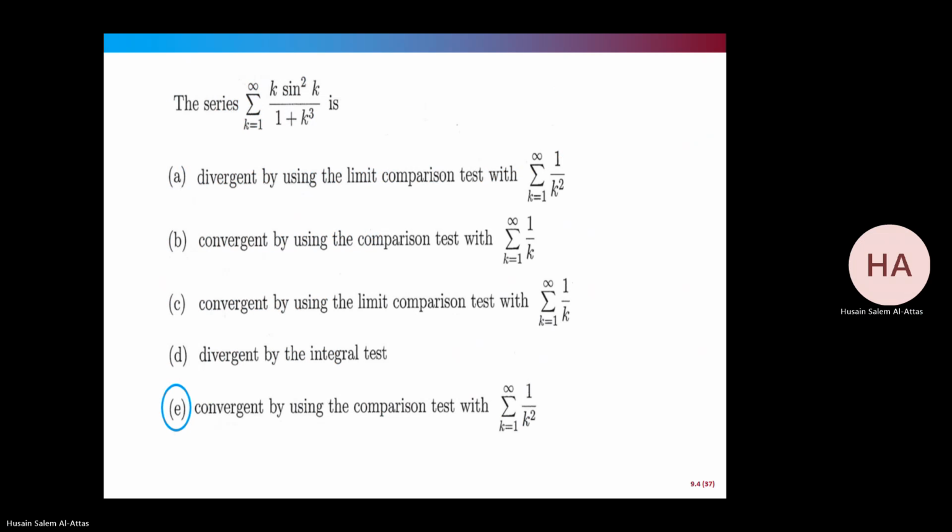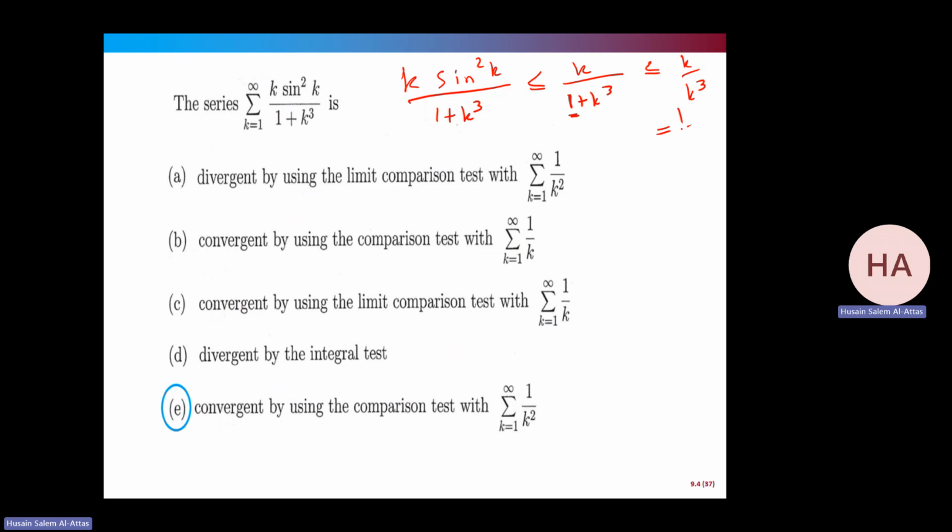This one, k sine squared. Okay, yeah, if you look at this, that will be k sine squared k over 1 plus k cubed. This will be less than k over 1 plus k cubed, since sine cannot exceed 1. And this one will be less than k over k cubed, since the denominator is more.